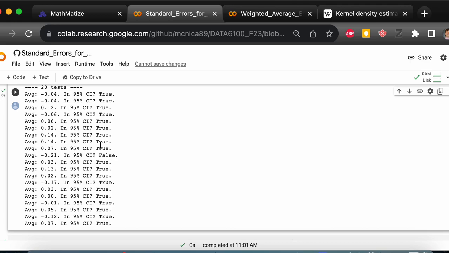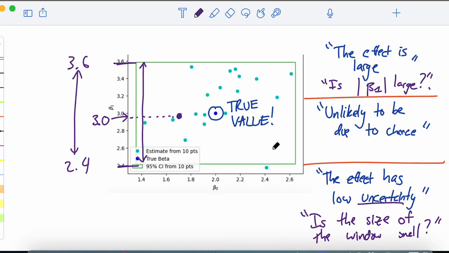But you will never know if you are in the 5% unlucky universe where it's outside. So you will never ever know, in real life, if the true value is inside. So unlikely to be due to chance is not something about the true value. It's something only about the interval that you can measure from your measurement. But yeah, you have exactly the right idea. It's about whether or not this contains a specific point.